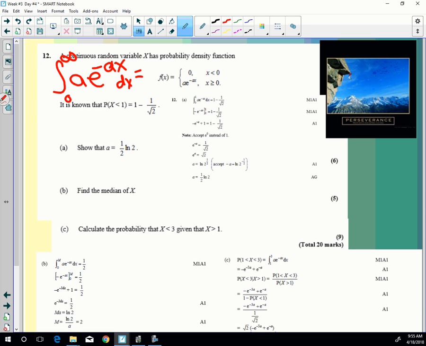It should equal 1, right? But in this problem, they're not asking for that. They're saying, what if you have x less than 1? So in other words, your upper value isn't infinity. What is it? Yeah, this is going to be 1.